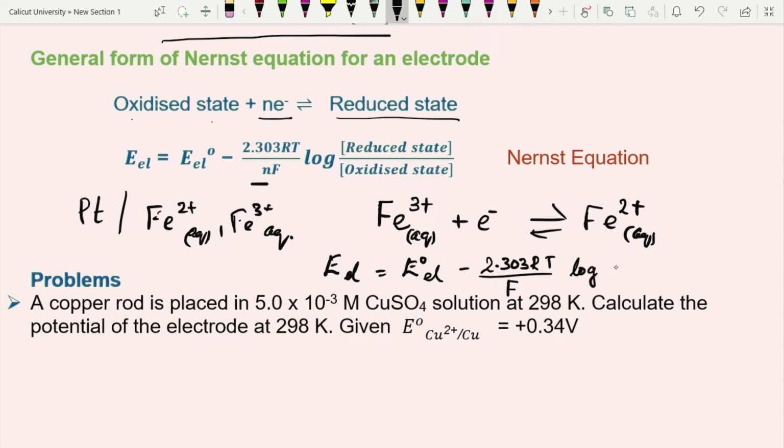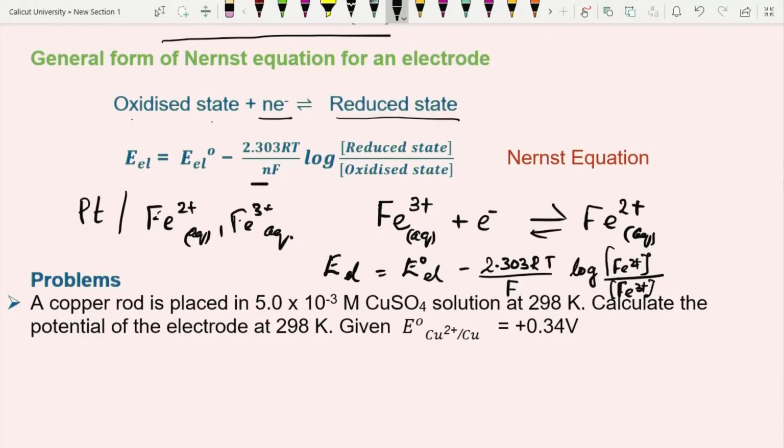Here the product is Fe2 plus ion, so you take the molar concentration of Fe2 plus divided by molar concentration of Fe3 plus. In the first case, when I took a metal, you got only the metal ion in the denominator. Here, both the products and the reactants are ions, and therefore both are involved in the Nernst equation.